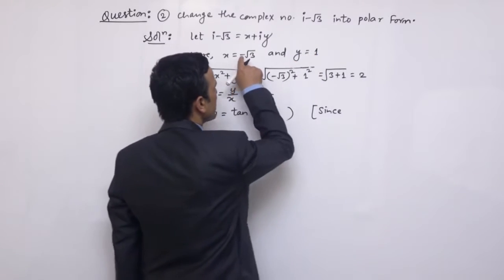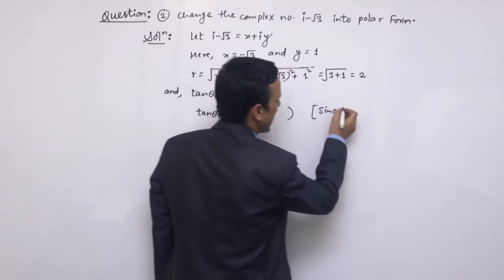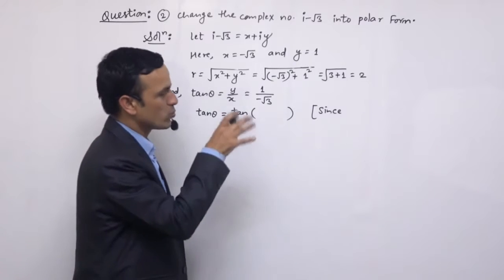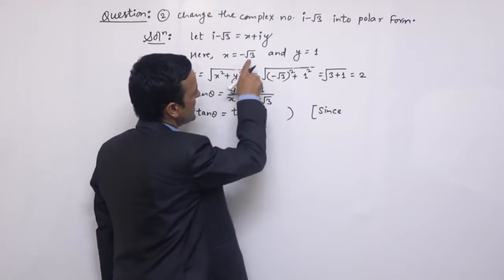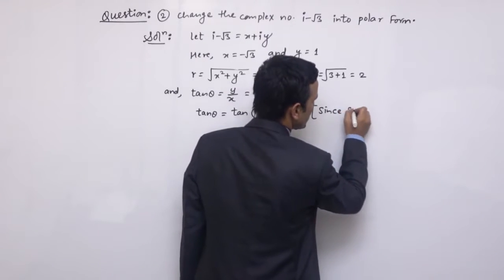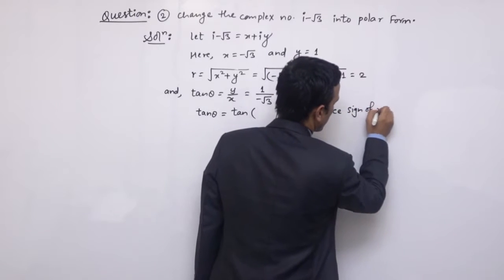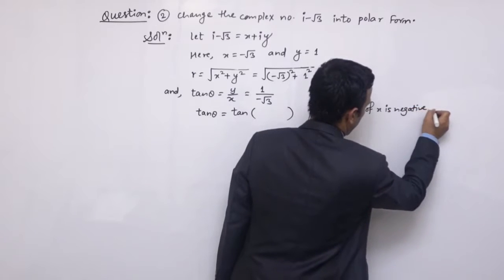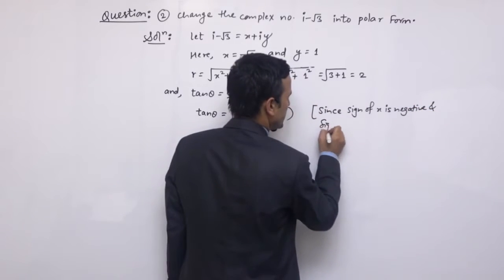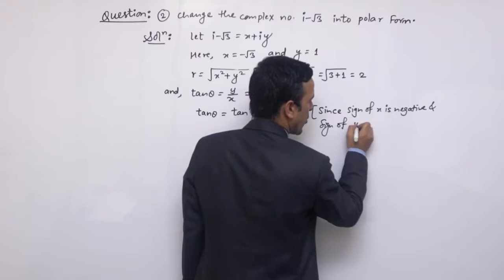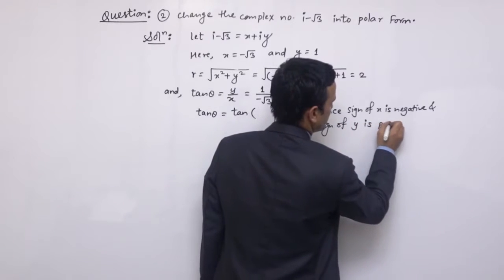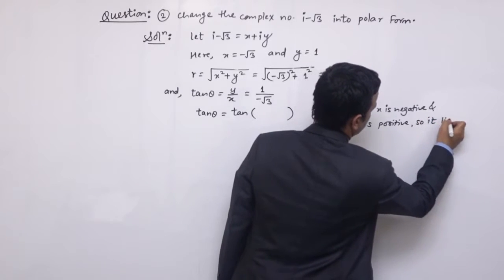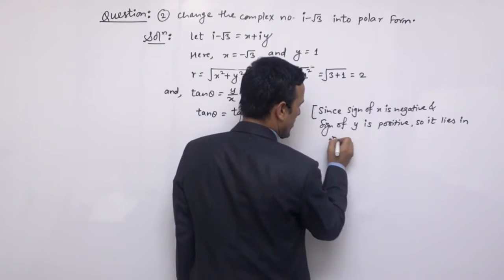So it is concerned about this sign. x र y को साइन कस्तो छ भन्नेमा डिपेन्ड गर्छ यो कुन क्वाड्रेन्टमा पर्छ भनेर. यहाँ x को साइन नेगेटिभ छ, sign of x is negative and sign of y is positive. So it lies in second quadrant.